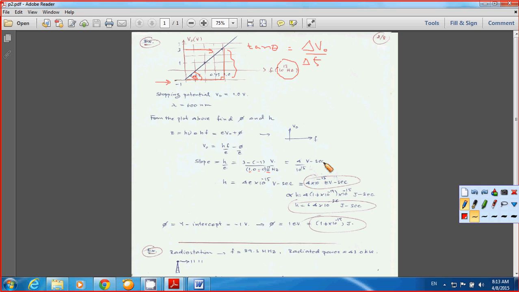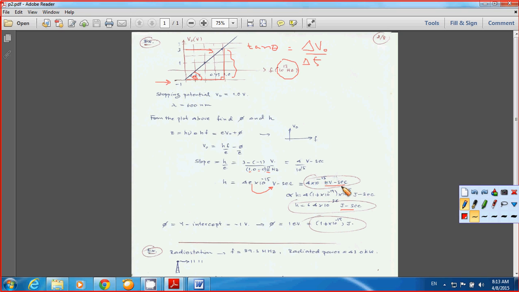And now you want to find the Planck constant. It's going to be in 2 units: one is electron volt second, and the other one is joule second. For h in electron volt second, you simply move the e to the right, since e is in front of voltage, so you don't have to do anything with the 4 × 10^-15. So h is still 4 × 10^-15 electron volt second.